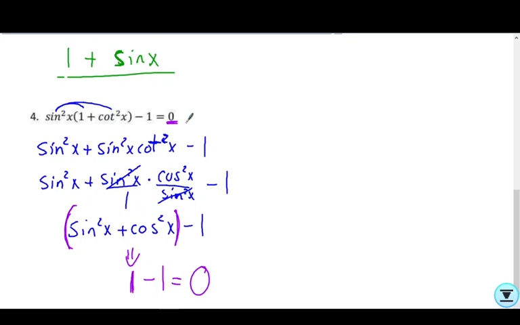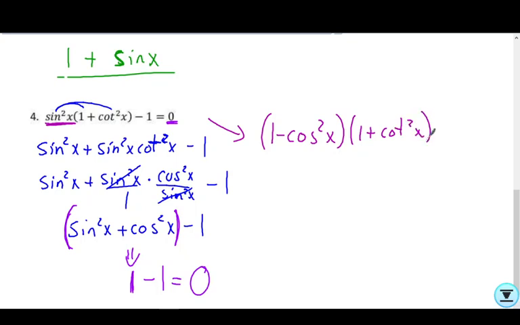So be careful, because, for instance, I could have, if I wanted to, at the very beginning, gone over here and changed this sine squared to 1 minus cosine squared. But then I would have had to sit here and FOIL out these two things.